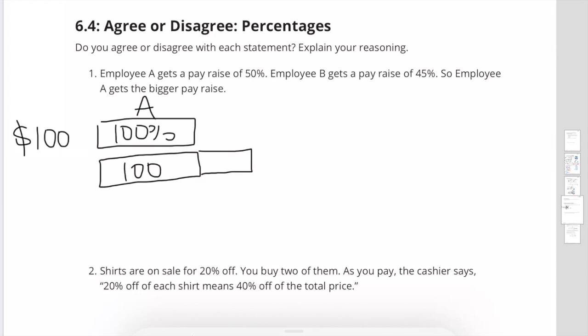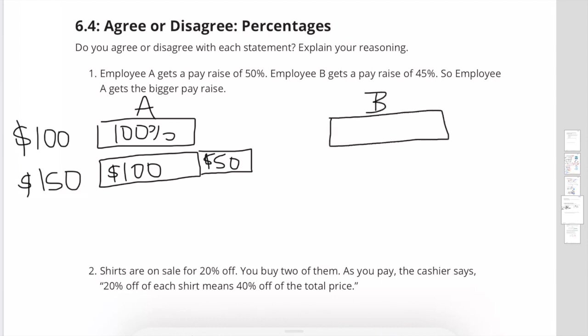We know the 100% is $100, and 50% of 100 is just half of that, which is 50. Okay, so employee A would now be making $150. Let's look at employee B. So let's say 100% here also represents $100.